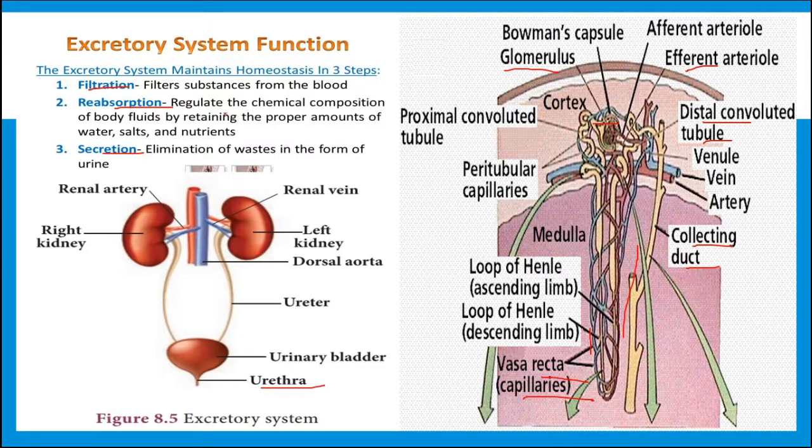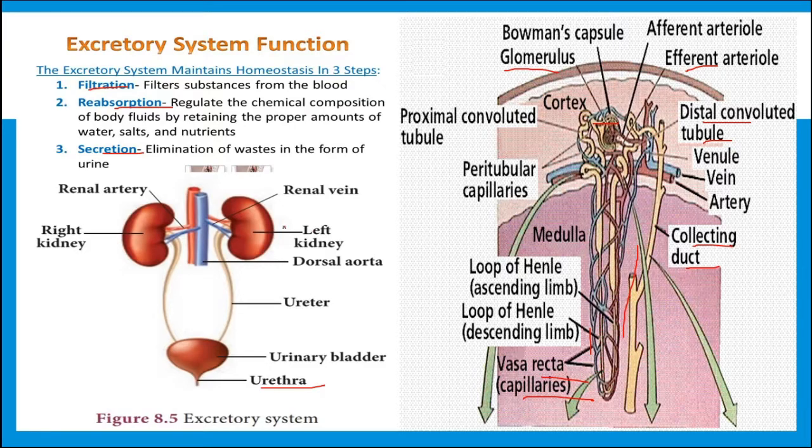Some of the substances which are beneficial for the body may be filtered out here, so they will be reabsorbed in the tubular part, that is the PCT, loop of Henle, as well as the DCT. For example, water, salt and nutrients present in the filtrate will be reabsorbed.